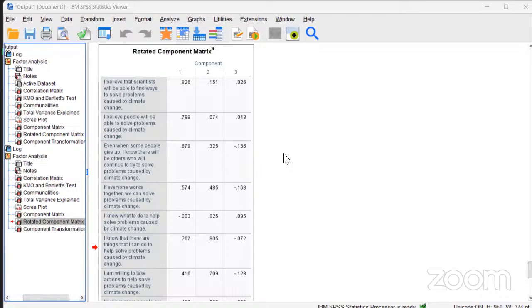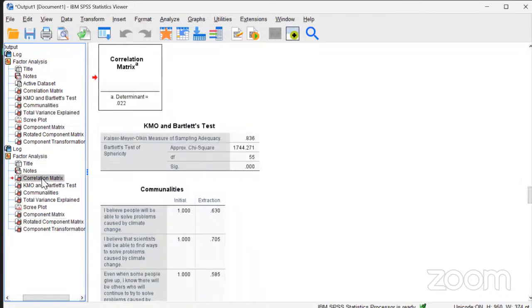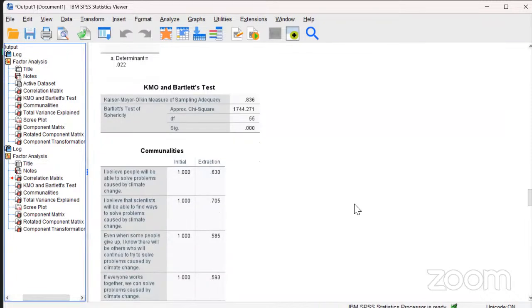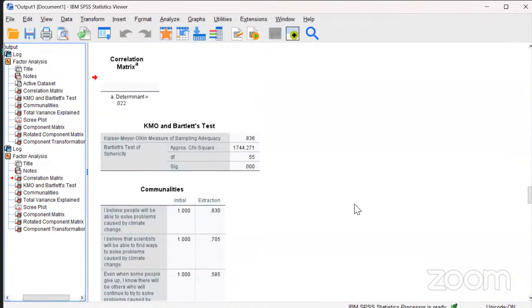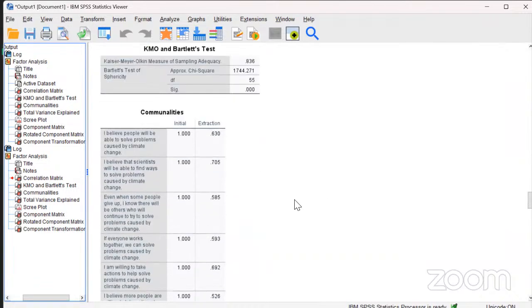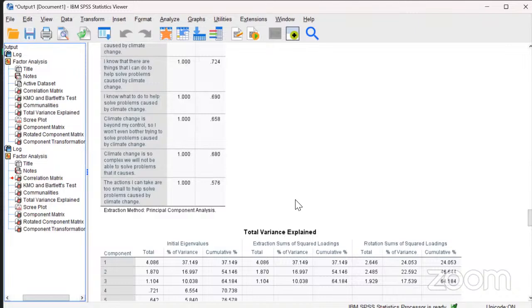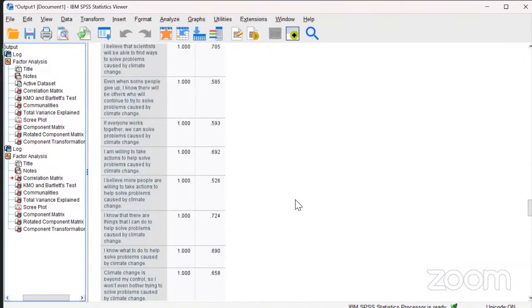Okay, now you go above, there is some correlation matrix. Yes, sir. Determinant 0.022. What is your correlation matrix? It's not showing the matrix, it's just giving the total value.